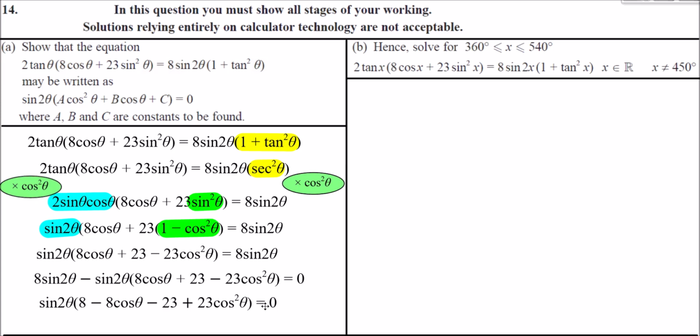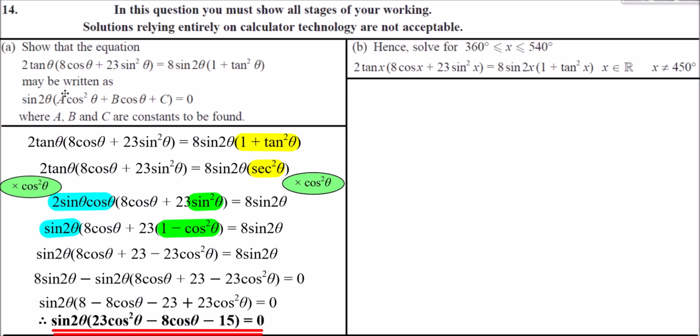So now we're almost done. All I need to do now is to simplify the 8 and minus 23 to work out what this constant c is. So the final step is I see it's therefore sine 2 theta, 23 cos squared theta, minus 8 cos theta, minus 15 equals 0.